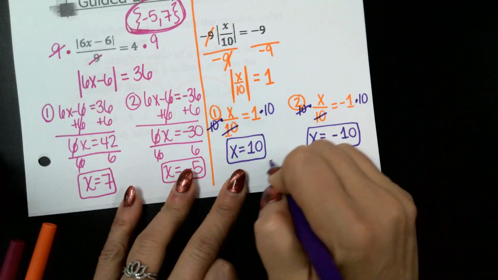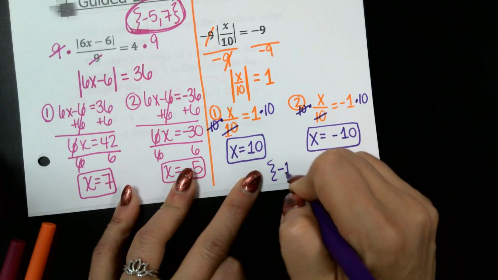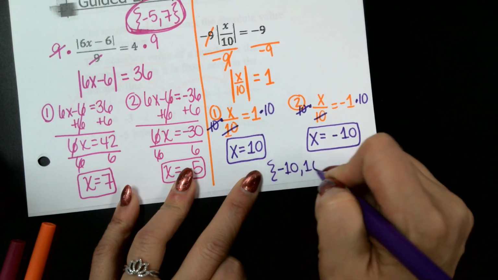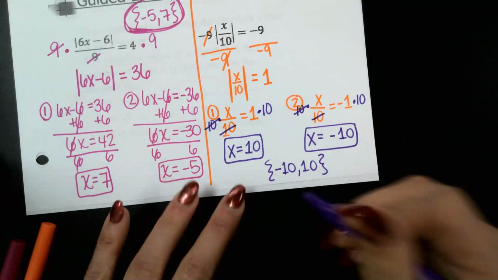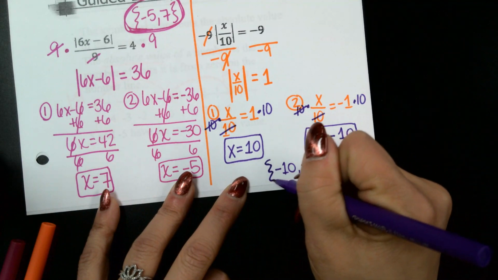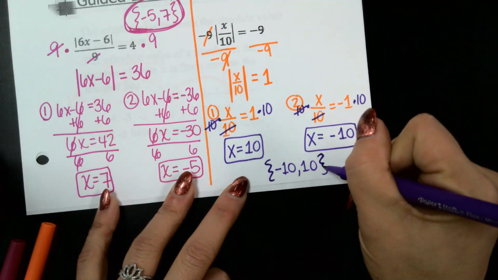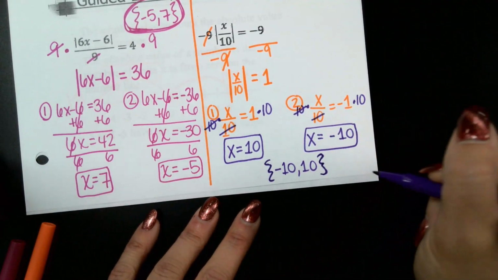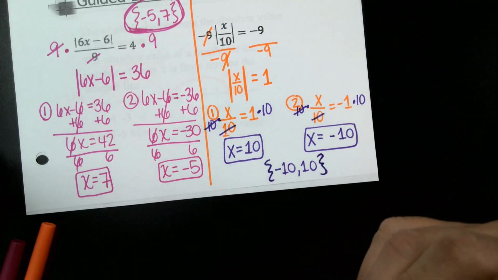And then I'll do my set notation down here this time. Negative 10, positive 10. So whatever you do, do not make these brackets parentheses, because then you're talking about ordered pairs.